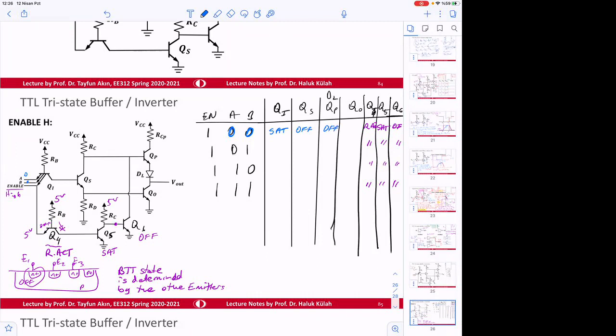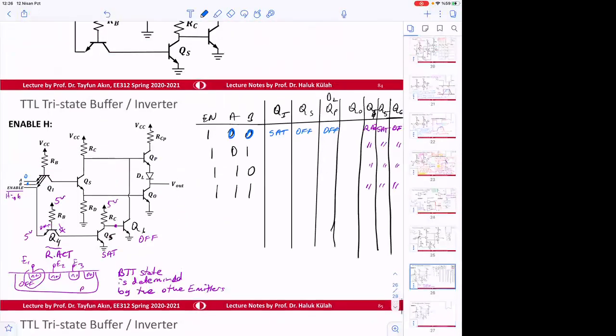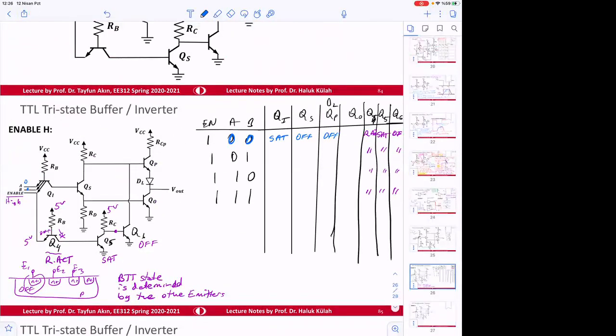And the output is going to be, sorry, QP. QP is going to be not off. This will be on, at the edge of conduction. Therefore, output is going to be high. There's no space for that, but output is high.